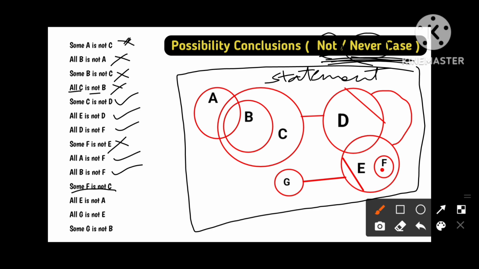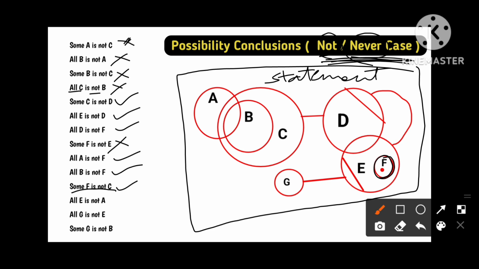It says that some part of F is not sharing with C. The actual meaning is that in our basic Venn diagram F only shares with E, so it doesn't share with C. If F doesn't share with C, then some part of F doesn't share with C, and all part of F doesn't share with C. So it is true.